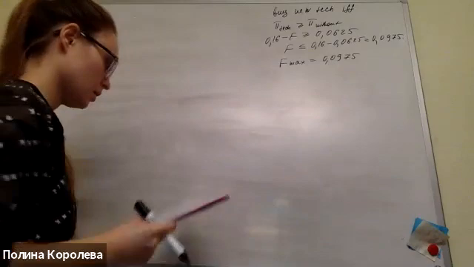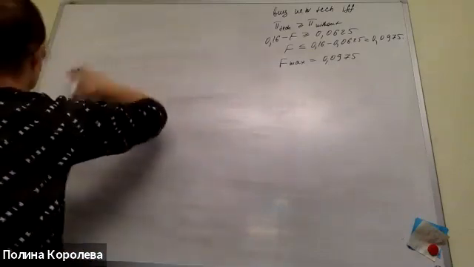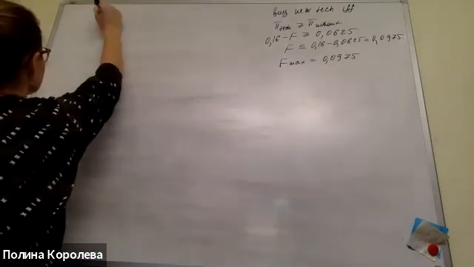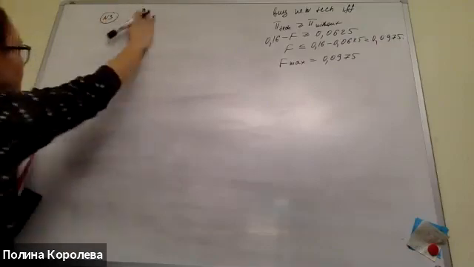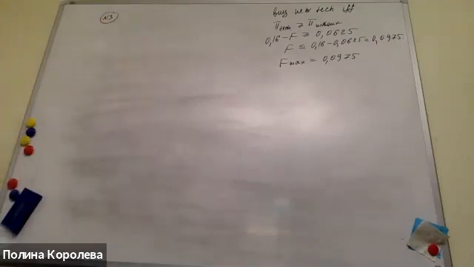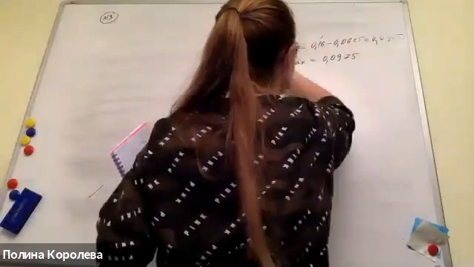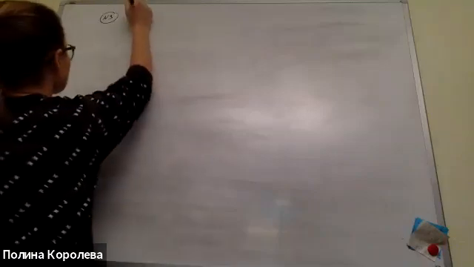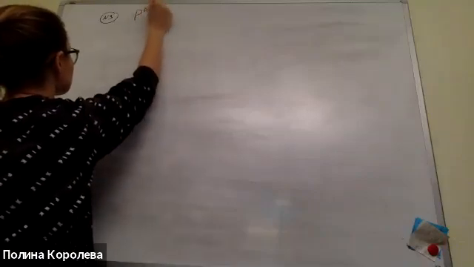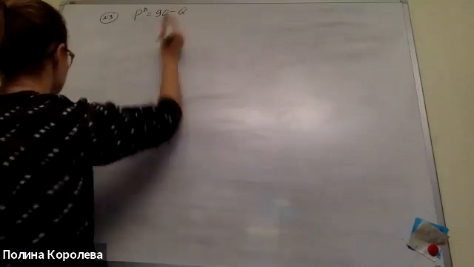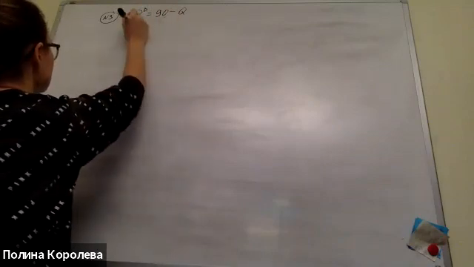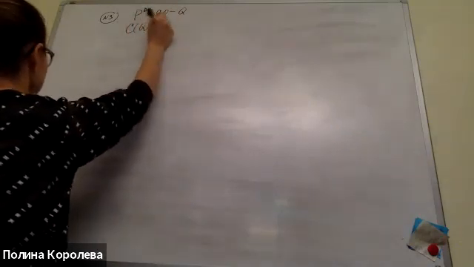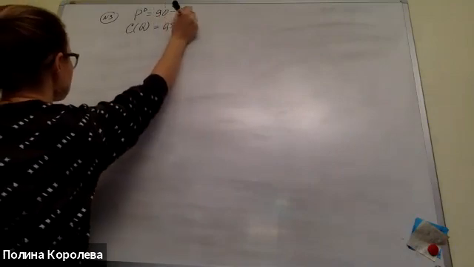So, number 3. Number 3, we also have monopoly. The inverse demand is 90 minus Q. Then total costs are 0.5 multiplied by Q square.